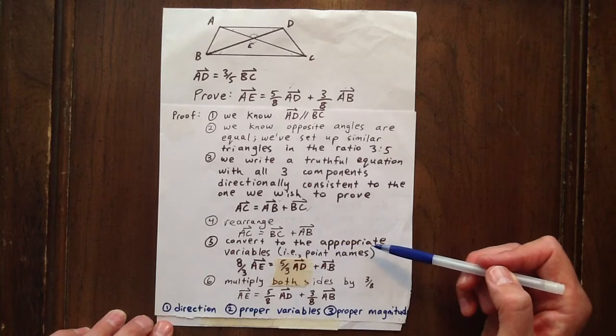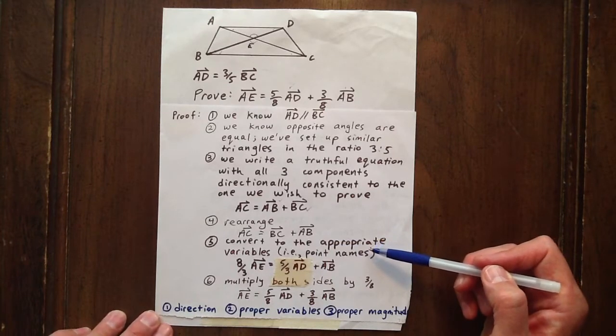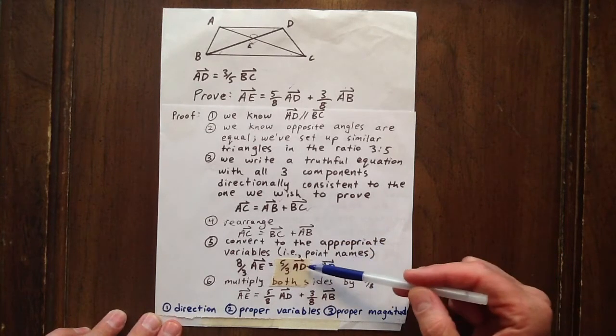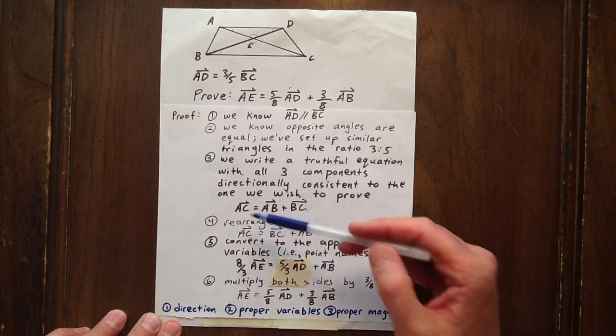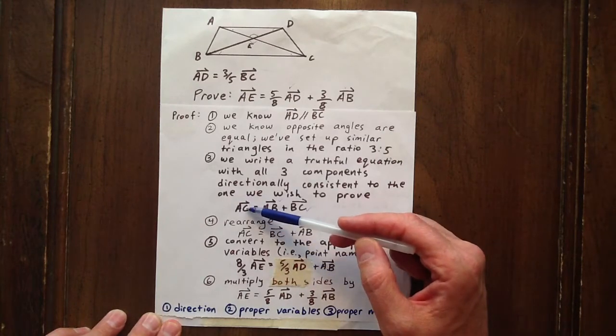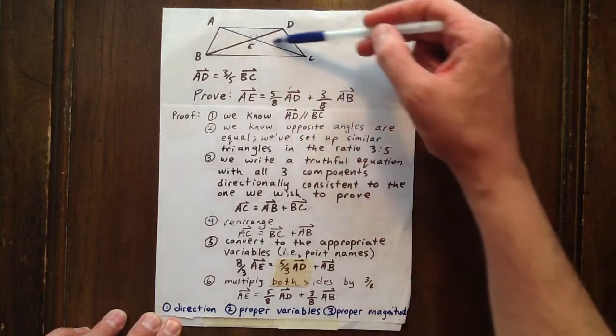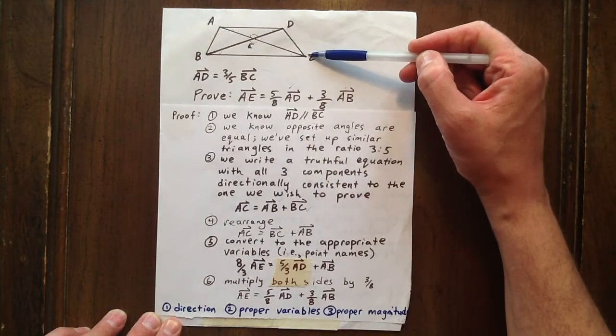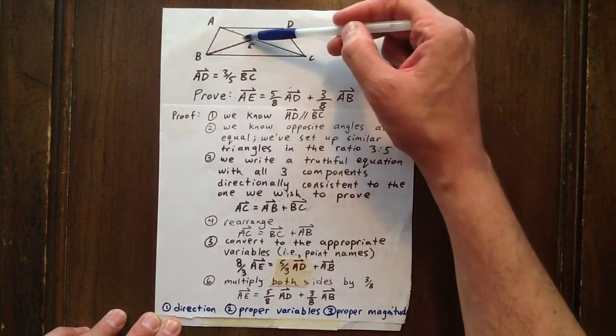And now what we're going to do is convert the appropriate variables. Now, since AC right here is equal to 8/3 of AE.